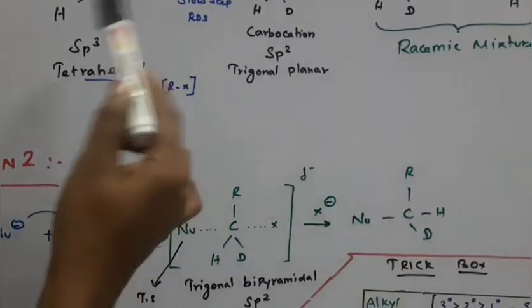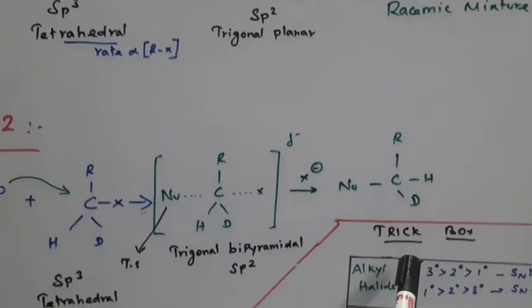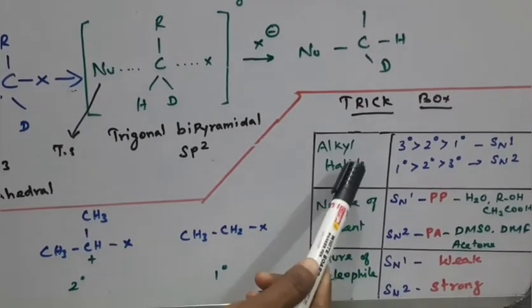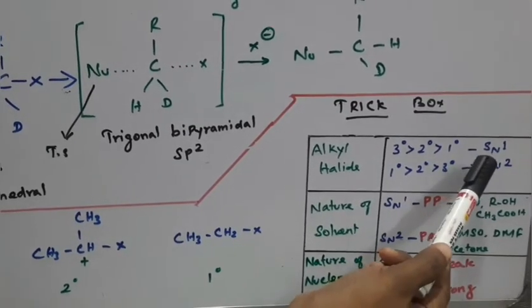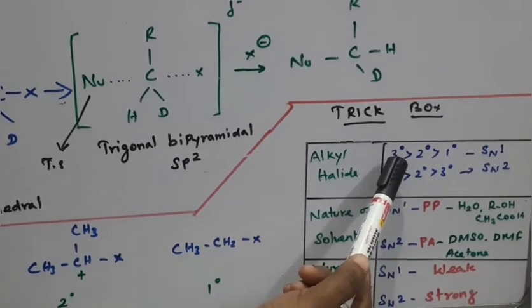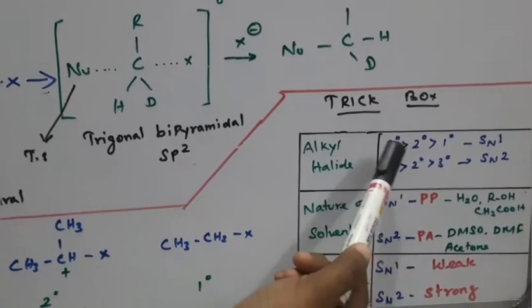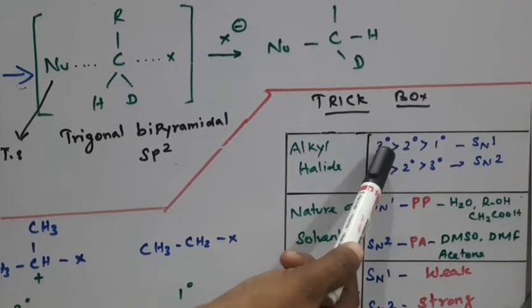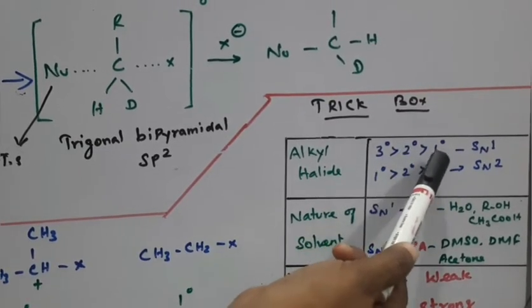Okay, to sum up overall, we can conclude with this trick box. For alkyl halides in SN1 reactions, the order of reactivity favors the tertiary carbocation first, then secondary, then primary.